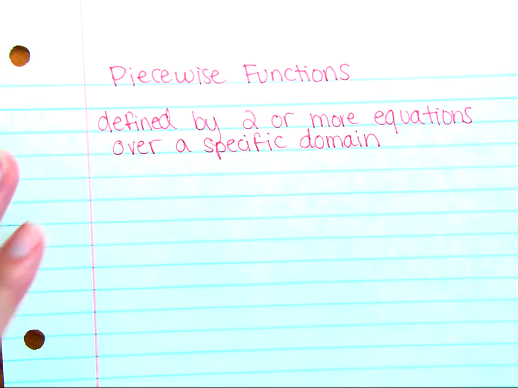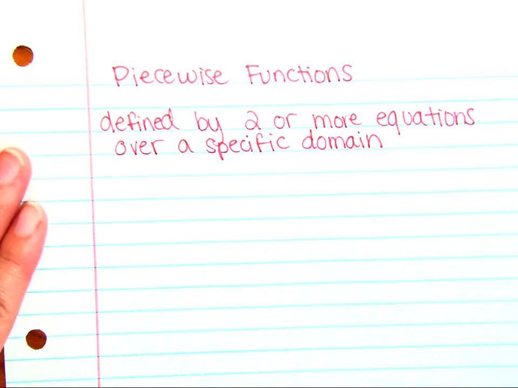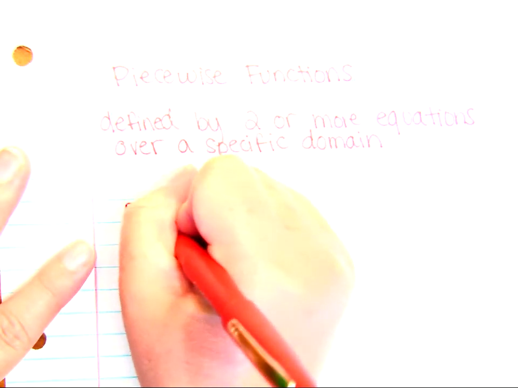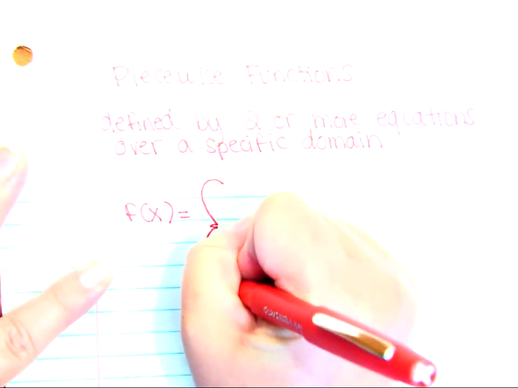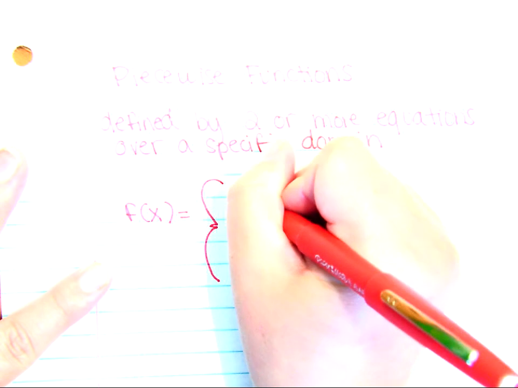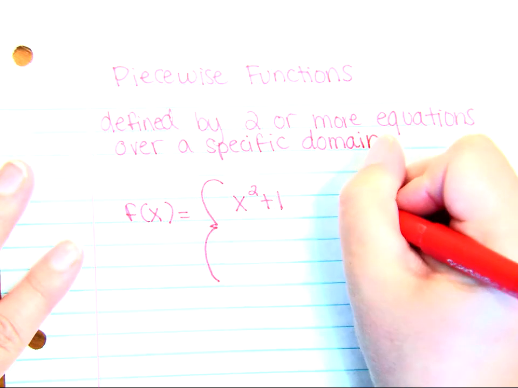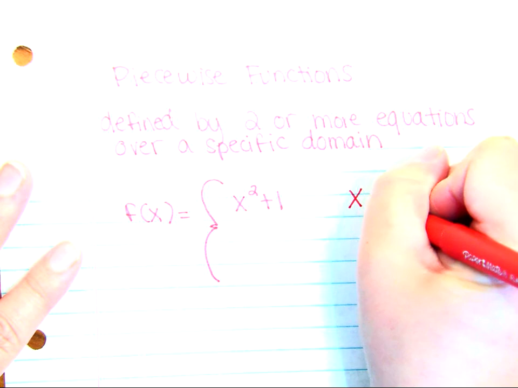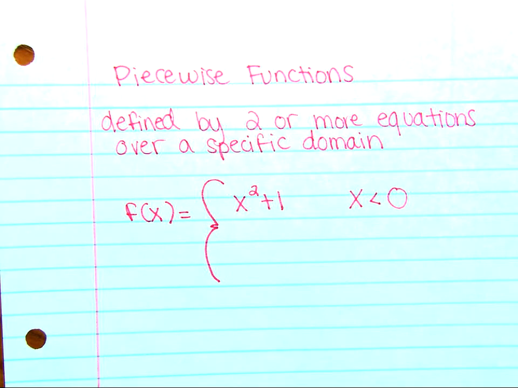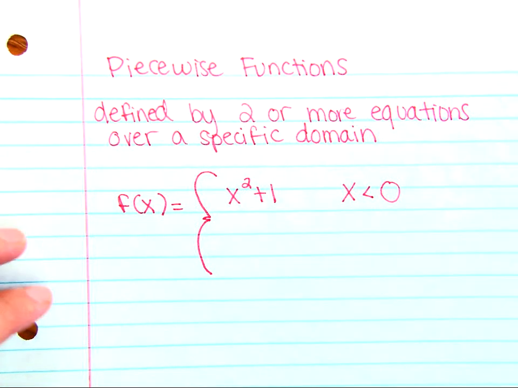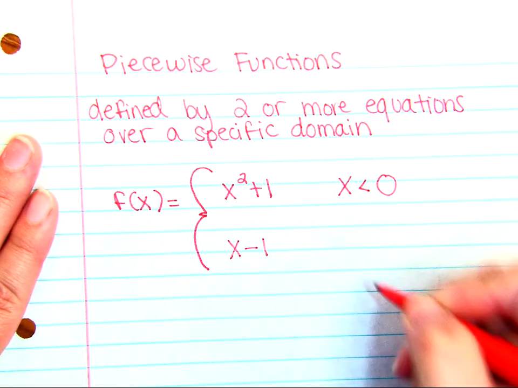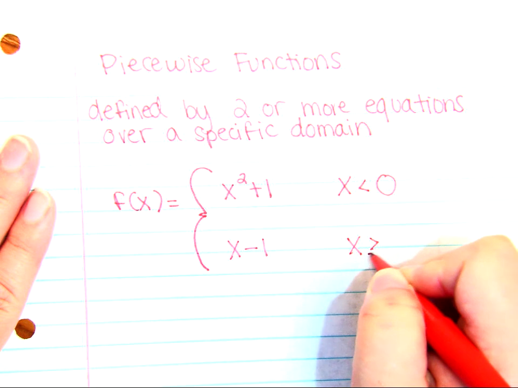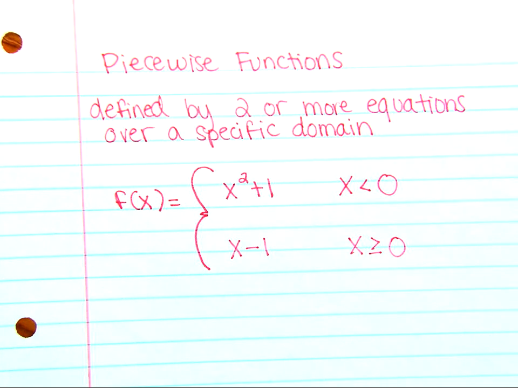So we've got 2 or more equations. An example of a piecewise function would be f of x equals x squared plus 1, and here's my specific domain: this happens when x is less than 0. And then I want to say x minus 1 when x is greater than or equal to 0. So those are my specific domains.